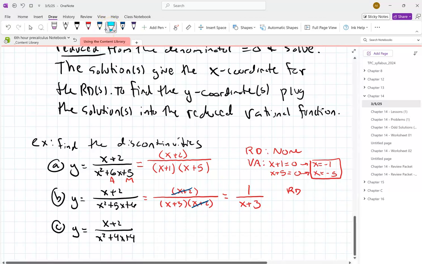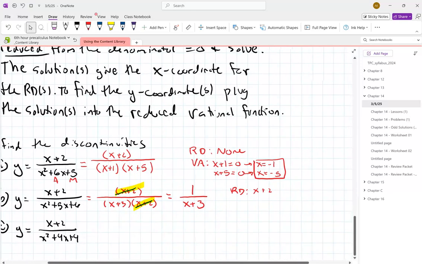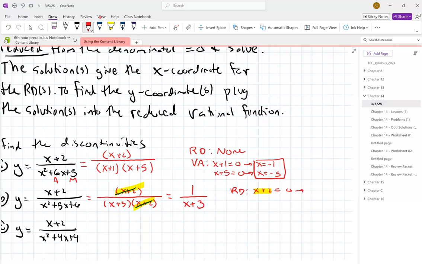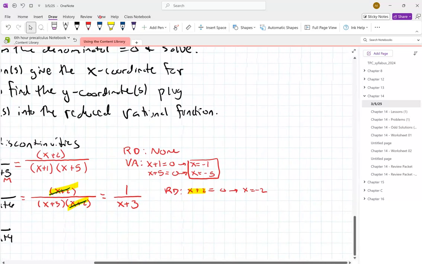So I notice here that the x plus 2 is completely reduced from the denominator, right? I start with an x plus 2 down there, and now I don't have one. So that will cause our removable discontinuity. I'll take that x plus 2, set it equal to 0, and that gives me the x coordinate of my removable discontinuity at -2.